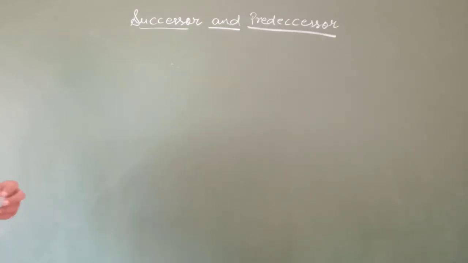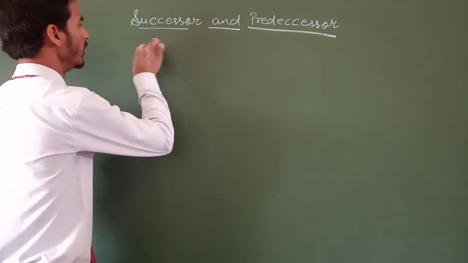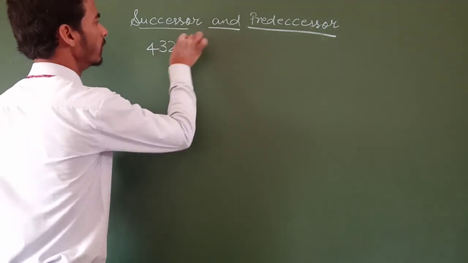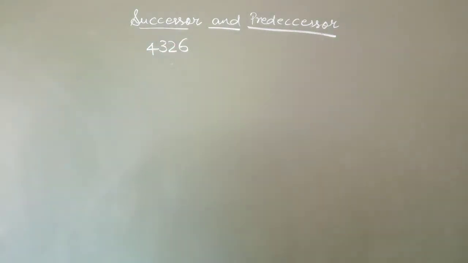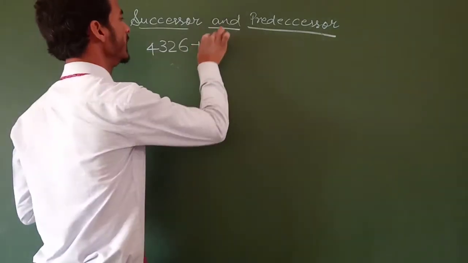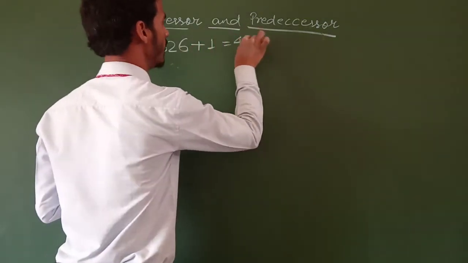Okay? So there is the number 4326. 4326 plus 1 is 4327.